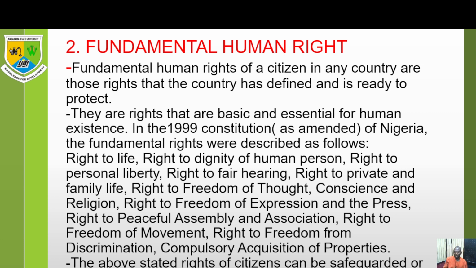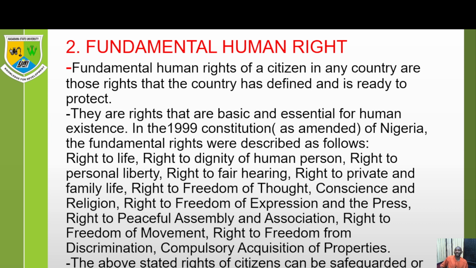You can't take them away, no matter how rich you are. Those are the rights that you can't get out of these individuals. So fundamental human rights of a citizen in any country are those rights that the country has to define and is ready to protect. They must be well protected. They are the rights that are basic and essential for human existence.